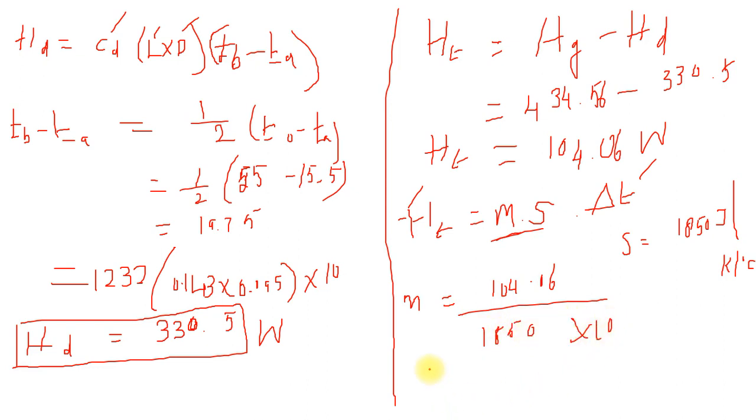If I substitute all the values and calculate, the mass of the oil required is 5.62 into 10 to the power minus 3 kilogram per second. So per second I require 5.62 into 10 to the minus 3 kilogram of oil for cooling the bearing.